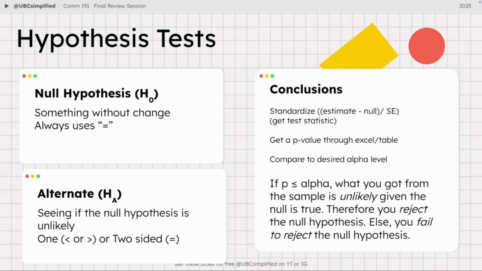And then the conclusions. Once you get your p-value, you compare it to your alpha level, or once you get your test statistic, you compare it to your critical value, which is basically just removing one step, so you don't have to plug more things into Excel. But if your p-value is less than alpha, so if it's less than 0.05, then you're going to reject the null hypothesis.